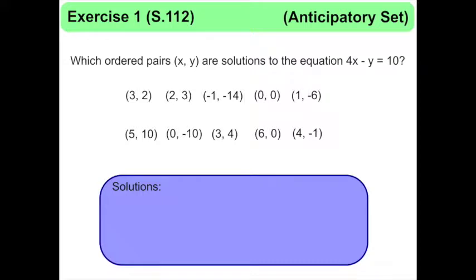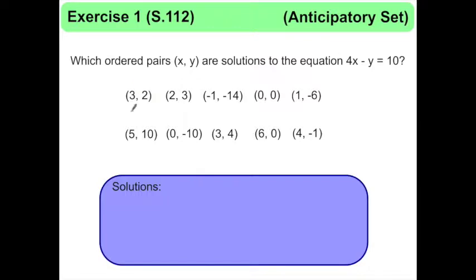So in exercise 1, the students were given an equation such as 4x minus y equals 10. And they had an opportunity to pick out from this limited list which ones would be solutions to this given equation. For example, if we looked at the first one, maybe someone thought 3 comma 2 would be a solution.